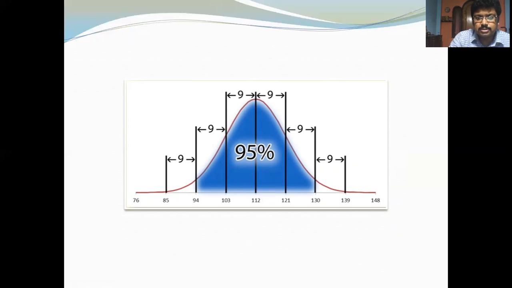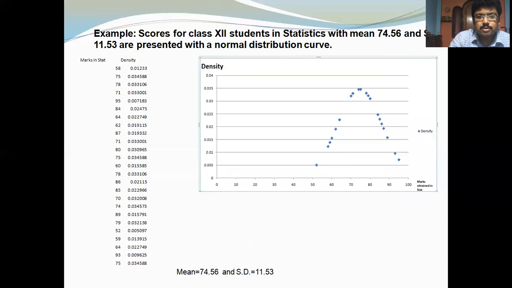Also, it is a normal distribution curve with standard deviation 9. Now, it is a practical example. The scores of class 12 students in statistics, with mean 74.56 and standard deviation 11.53, can be presented with a normal distribution curve.